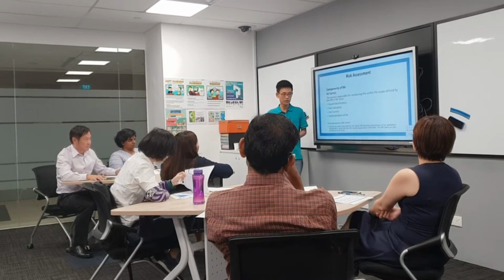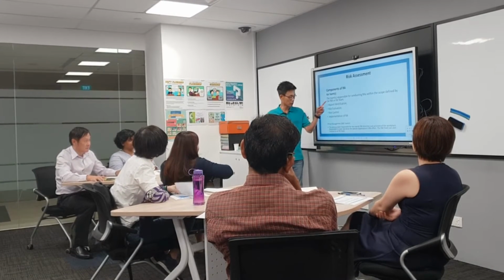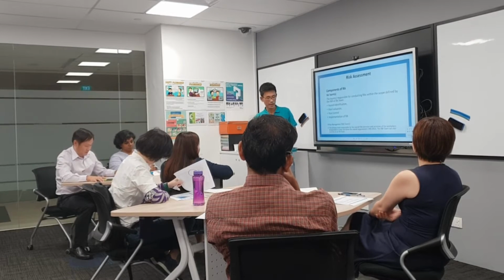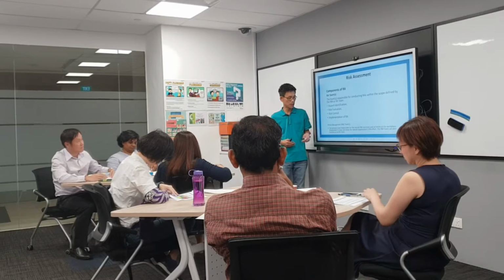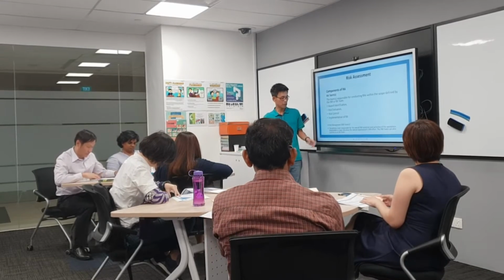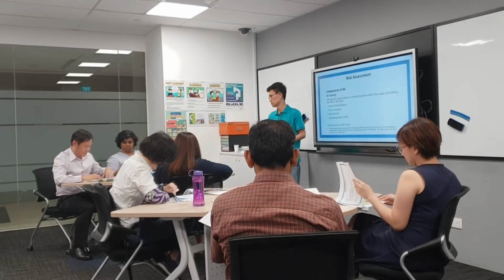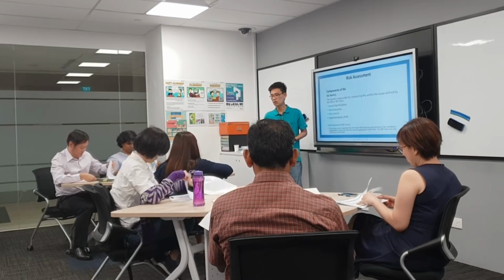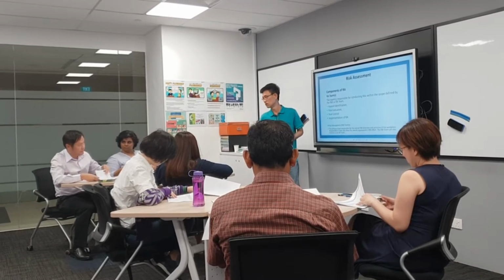RM is risk management. If you look at the bottom over here, which is also in your handout, the risk management team is actually talking about our bosses, our director, our CEO or COO.